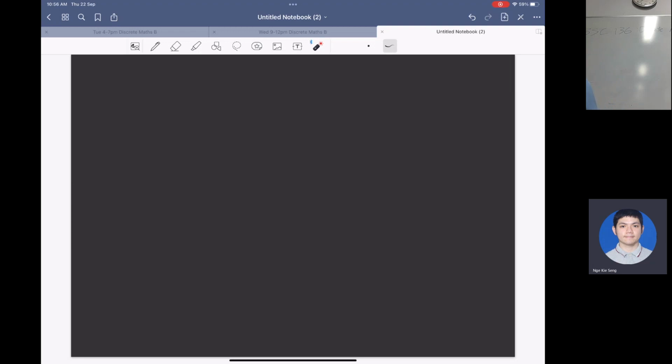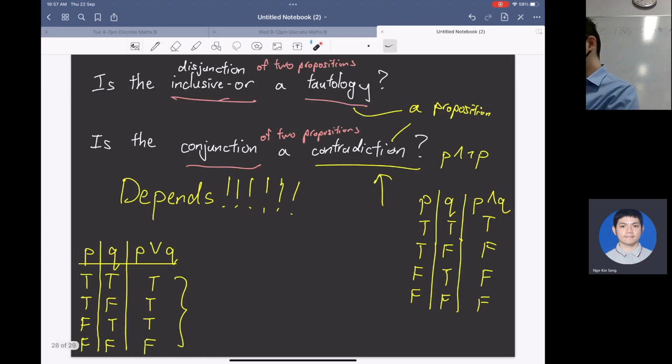What is the application of chapter 1? Wow, very good. I think this is very important. What's the importance of logic? Logic actually helps you to communicate better.